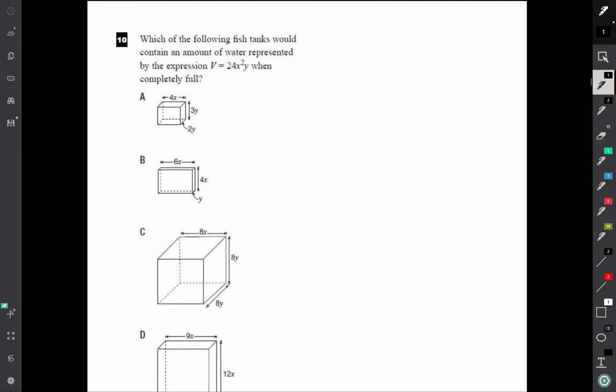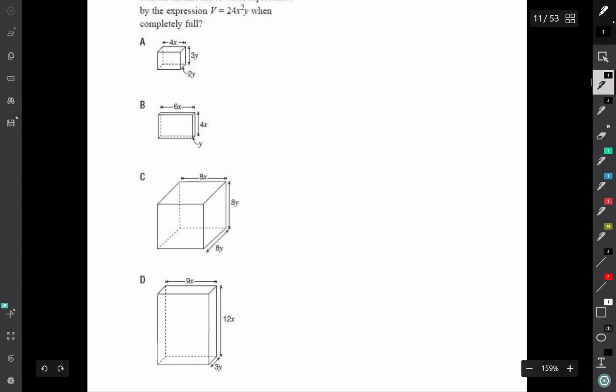Okay, well, when the fish tanks are completely full, then the volume of water would be equal to the volume of the fish tank. So what we have to do is calculate the volume of these four different fish tanks. These are all rectangular prisms, right?